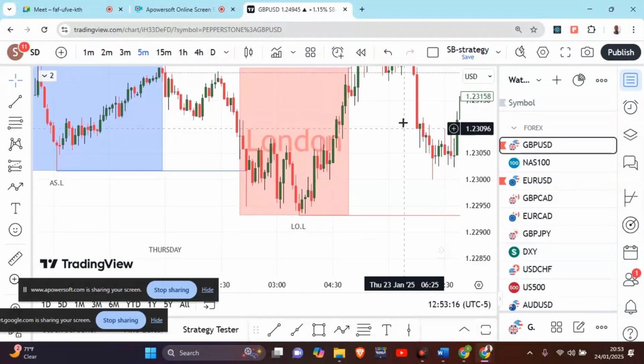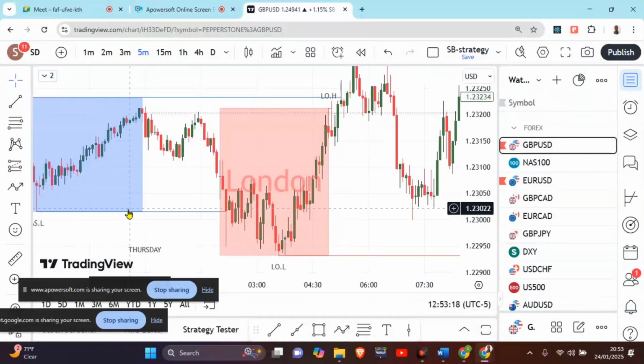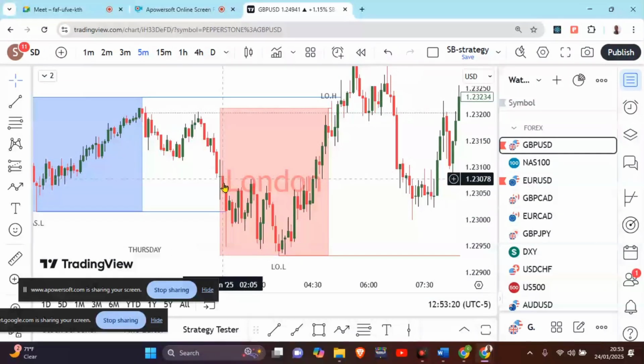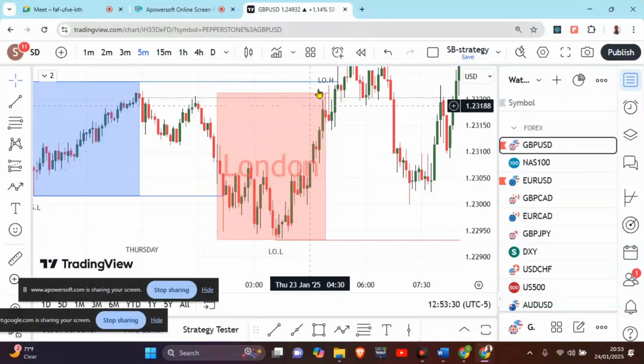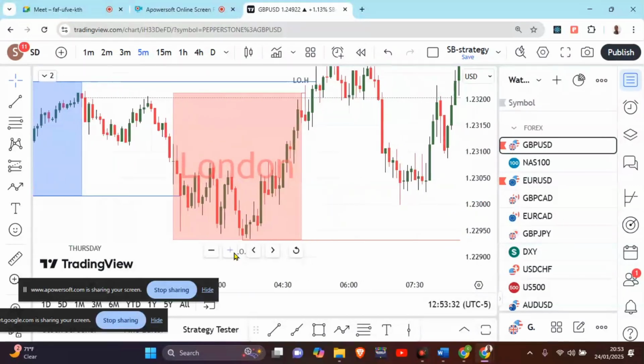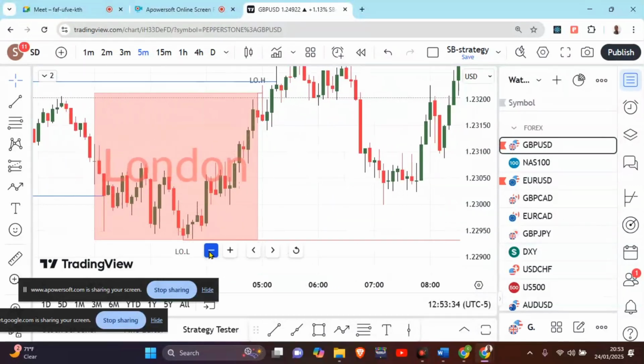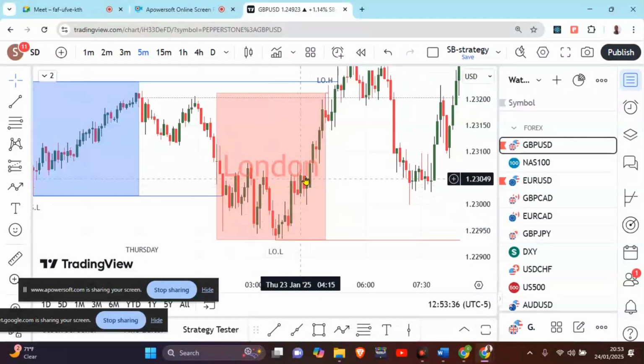This is a good example here. So during Asia, price came, we took this liquidity, price made a lower low, and then finally we reversed. Here we go, and then price reversed.